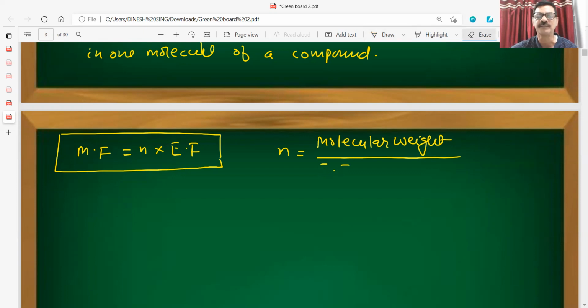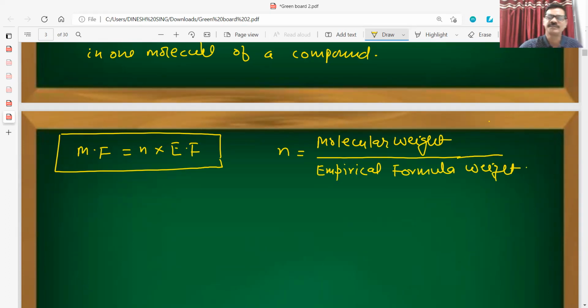I am writing it in full form, empirical formula weight. So n will always be a whole number, an integral whole number.